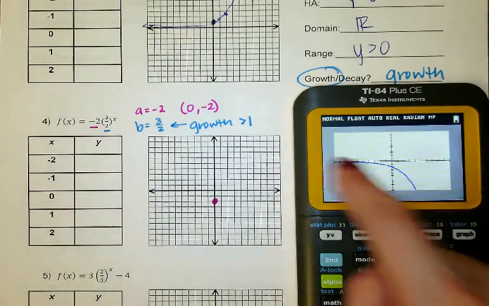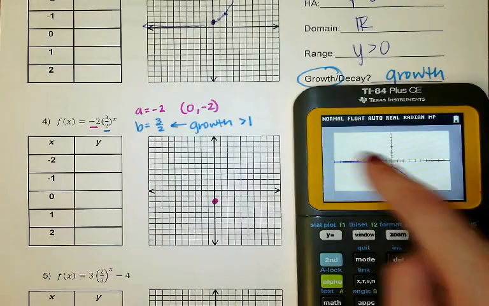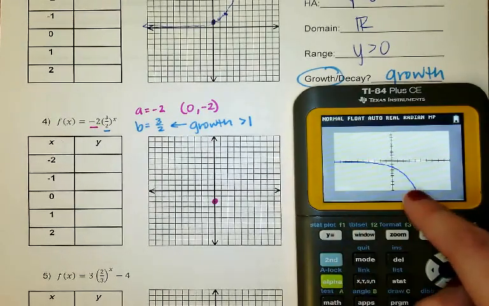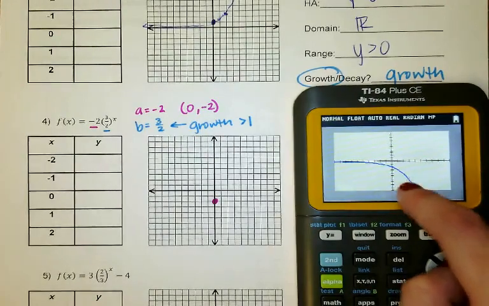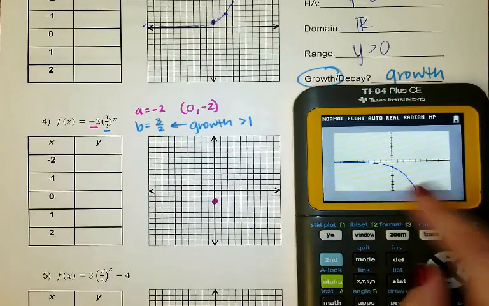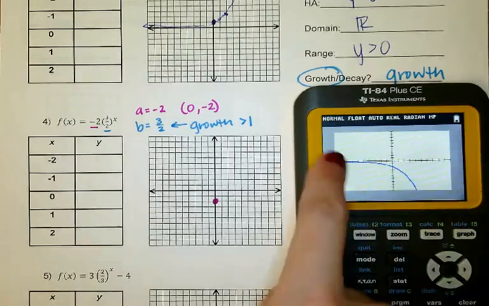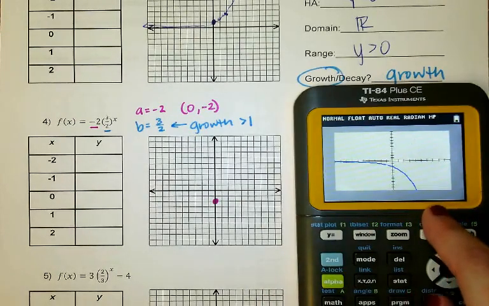But this is still considered growth because if you look at the end of your graph, the absolute value of those numbers is getting bigger and bigger and bigger. Does that make sense? It's not tapering off. It's getting larger and larger. Okay? So this right here is still considered exponential growth. Even though it's going down, it's growth because it's a negative growth. Does that make sense? That negative in front of it flips it.